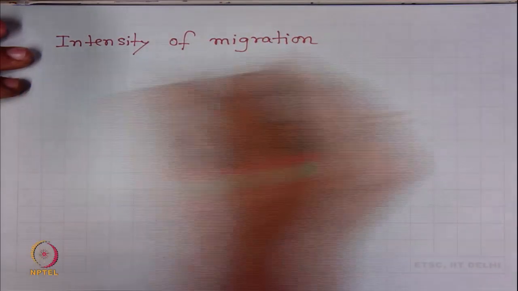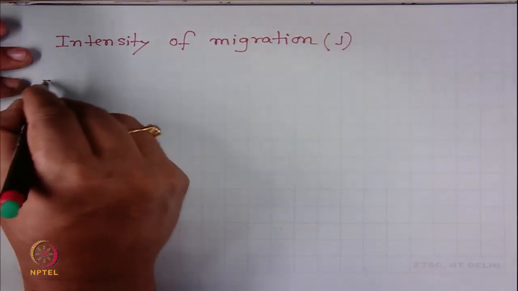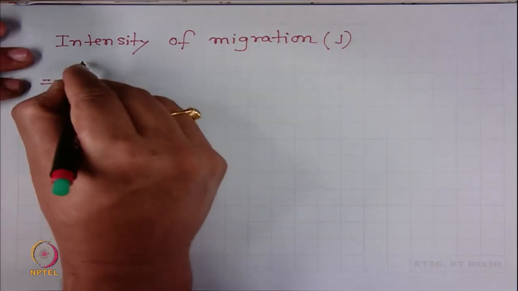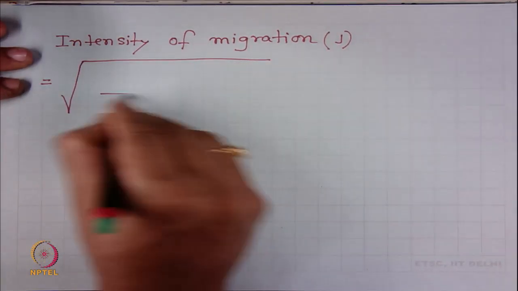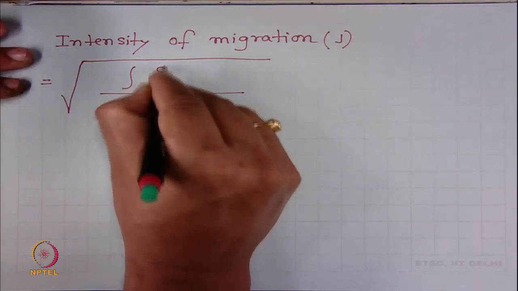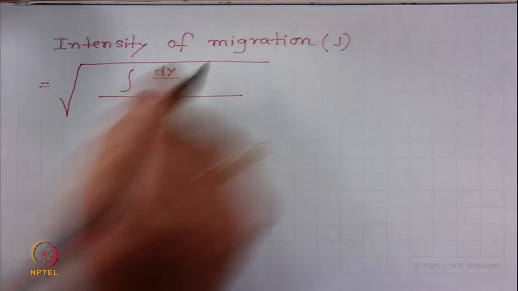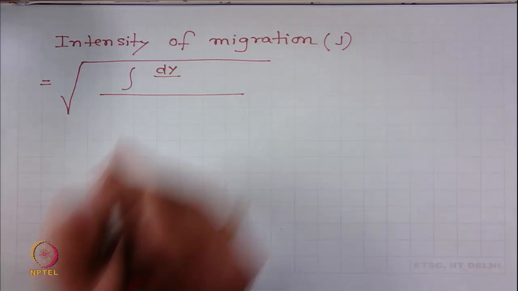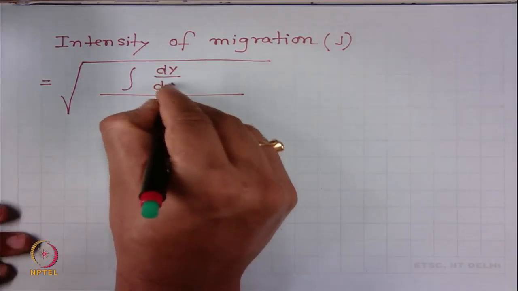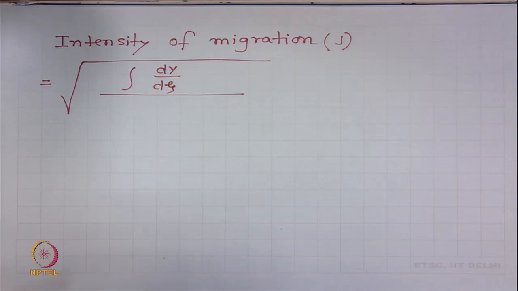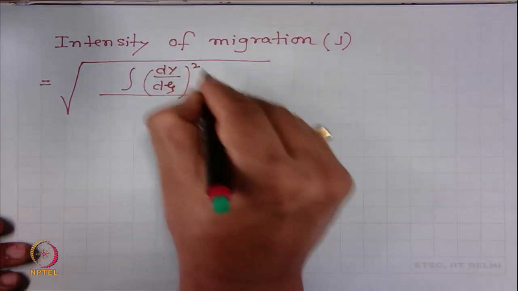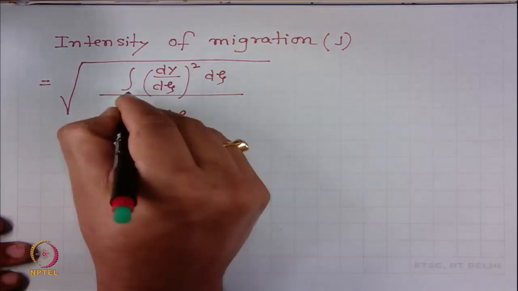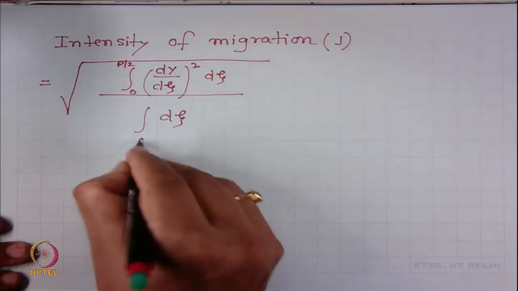Intensity of migration, we use this symbol: the integral of (dy by d zeta) square d zeta, from 0 to p by 2.